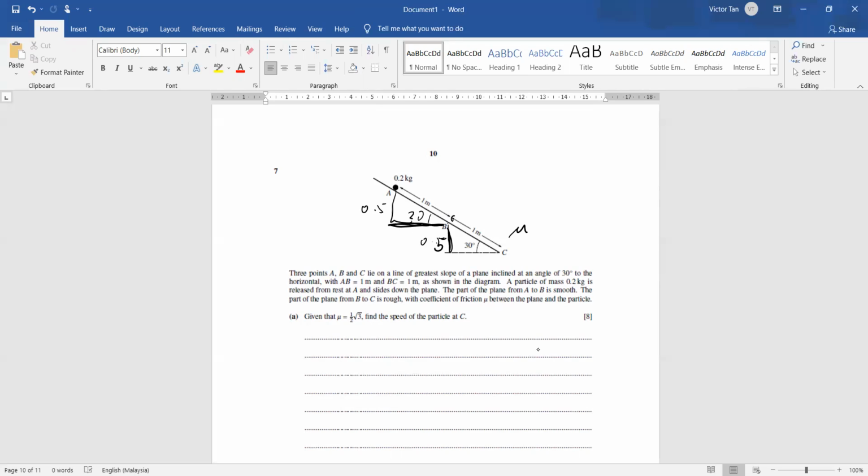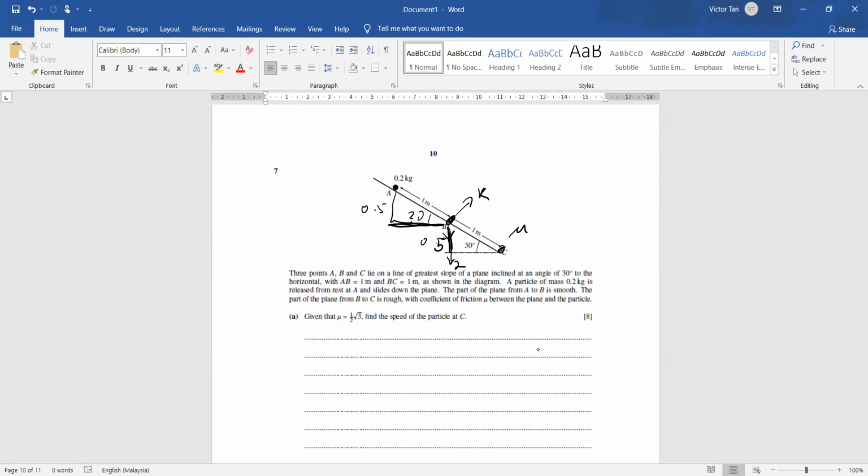Let's look at the particle here. Up to here, what is the work done against friction? It's the force, the friction times 1, mu R times 1. So R here, weight is 2 Newton.